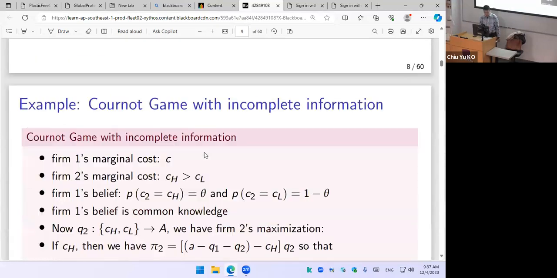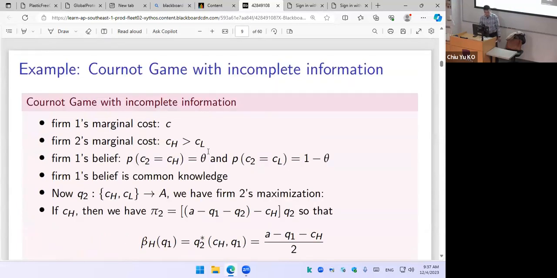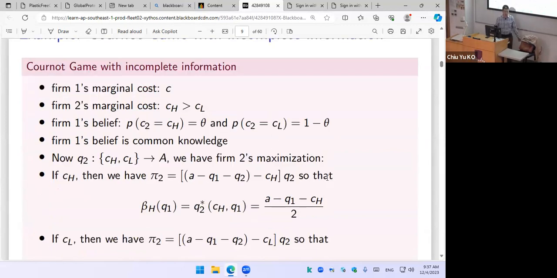So I think last time we just briefly went over the Cournot game of incomplete information, which I hope now you know how to solve. Just to remind you how this is solved, you can consider this as a multi-person game, just like a different type is a different guy. You solve it by putting belief or probability on the other types. Say in this case, firm 1 and firm 2. Firm 2 has 2 types.